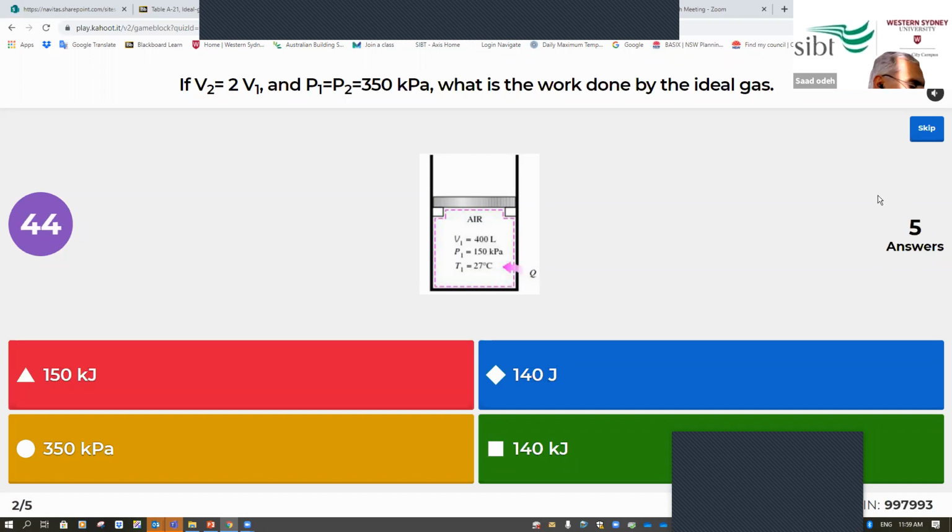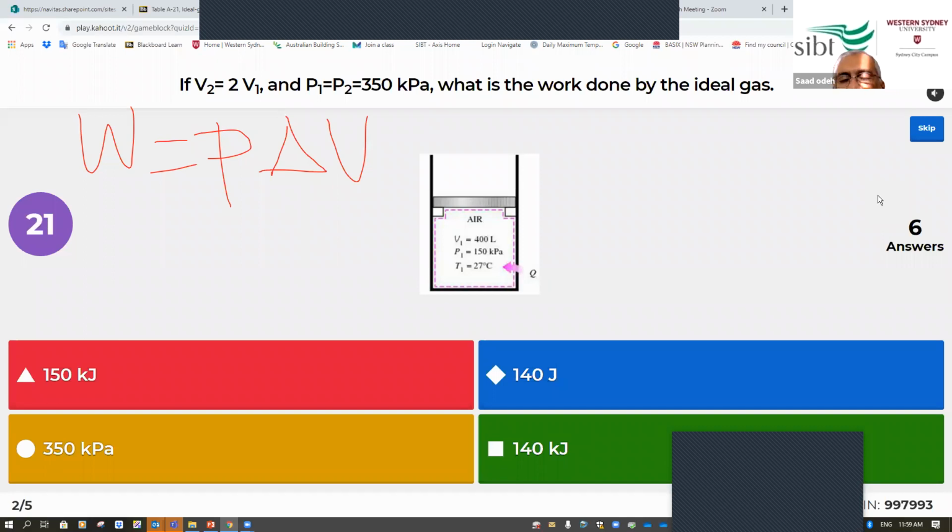Remember, W is equal to P delta V. So, the change in the volume. Straightforward, you know the pressure, you just need to find delta V and multiply by pressure, and you get the work.